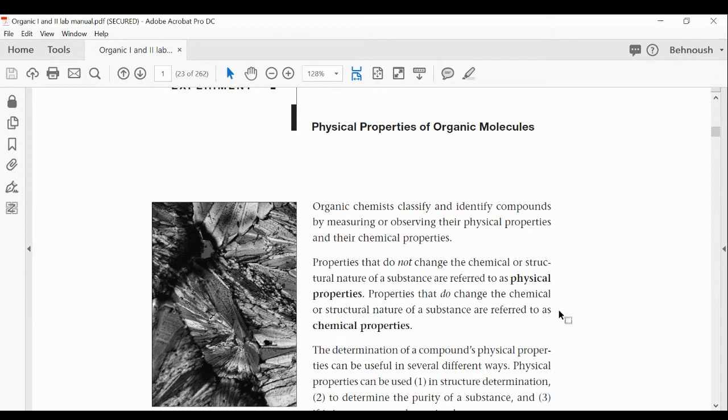Ashley, how would you use physical property? I'm going to go with melting point. How would you use melting point to find out the compound is not pure or it is pure? Ashley, are you here?